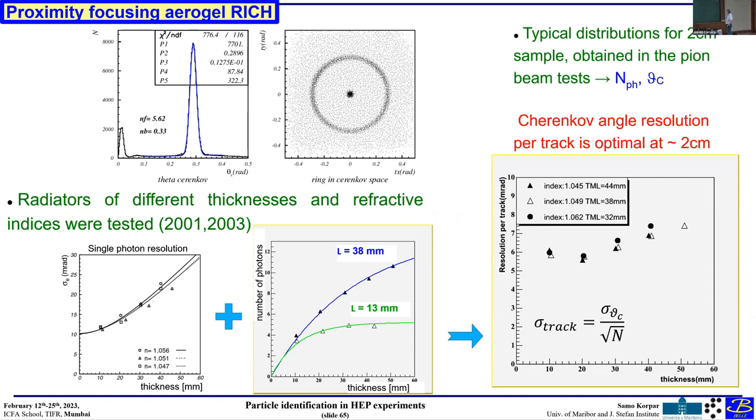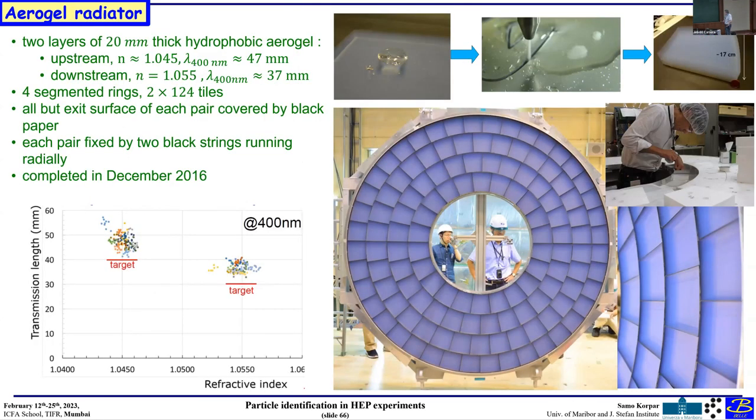This is a perfect case when the track goes in the middle and you have almost 100% coverage of your detector. So at the end, as I said before, we end up with a double layer with 2 refractive indexes that overlap, so that we kept the good angular resolution, but got almost twice the photons out of it.